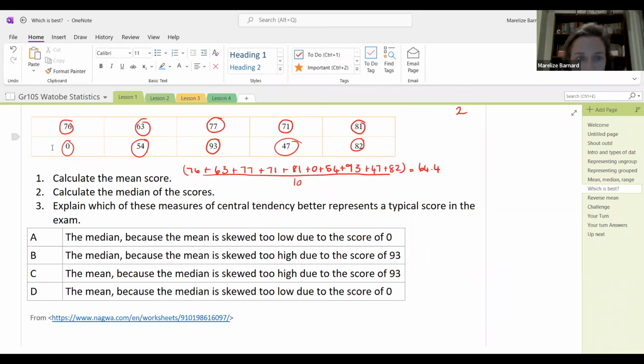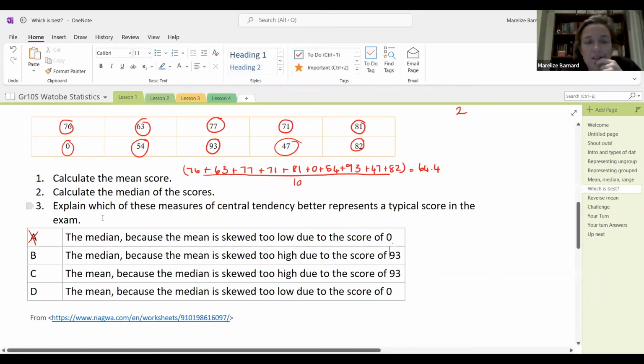I'm going to agree with some of you who are saying A. It is option A. The median, because the mean is skewed too low due to the score of 0. Okay, so that is going to be our best measure of a typical score in this exam.